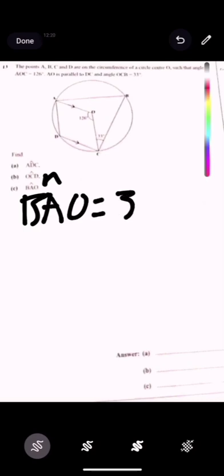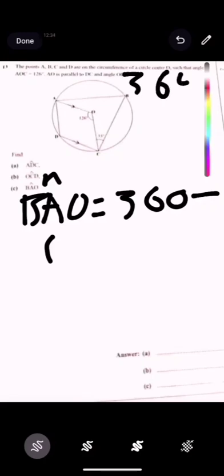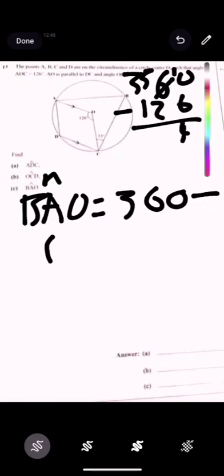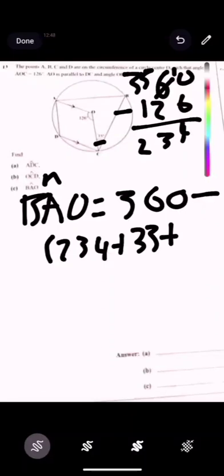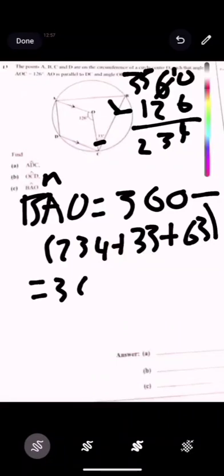is equal to 360 minus, so we have this angle here, hope you can see, which is 360 minus 126, which is 234, plus the 33 here, plus here we had gotten 63, so it will be 360 minus 234 plus 33.